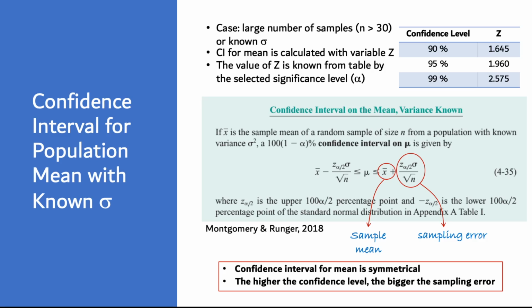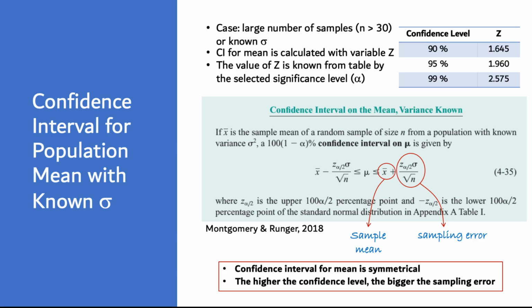Note that the confidence interval is expressed as the sample mean plus or minus a term called the sample error. So this interval is symmetrical around the sample mean. Note that the sample error is determined by the standard deviation of the population, the size of the sample, and the value of z.